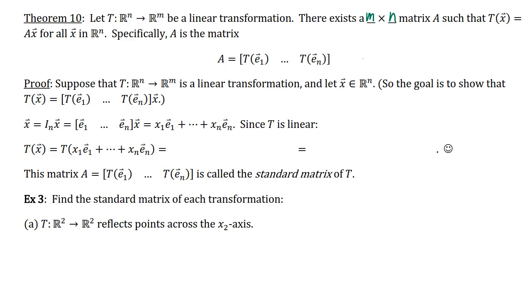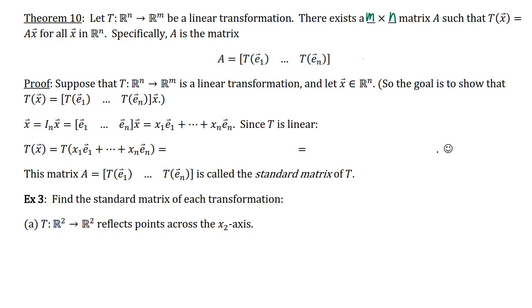Let's look at this theorem. This is basically saying a more general version of what we just said, that if you have any Rn to Rm linear transformation, then there exists an m by n matrix A so that T of x equals A times x for all x in Rn. And specifically, here is that matrix.